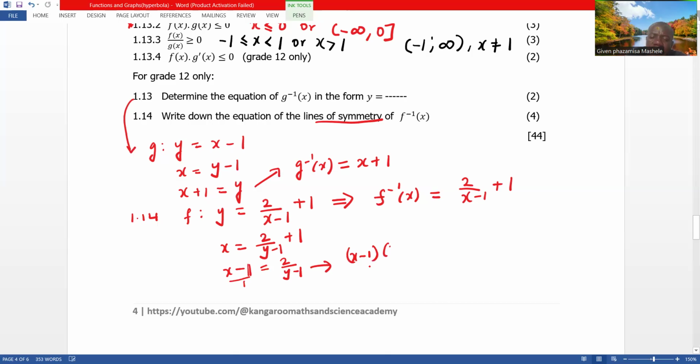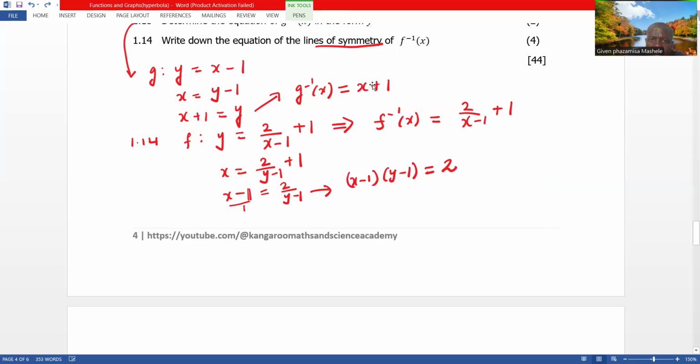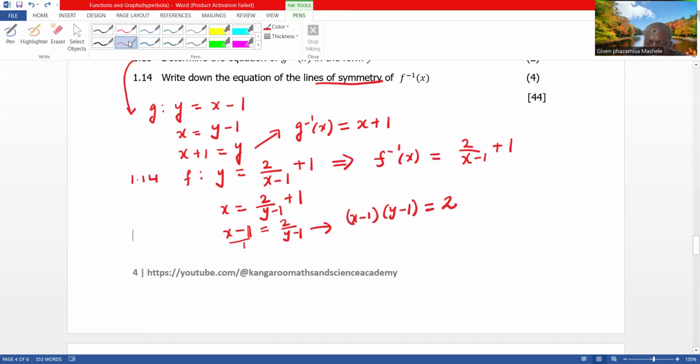Since we want to make y the subject, we divide by x minus 1 on both sides. So we remain with y minus 1 equals to 2 over x minus 1.